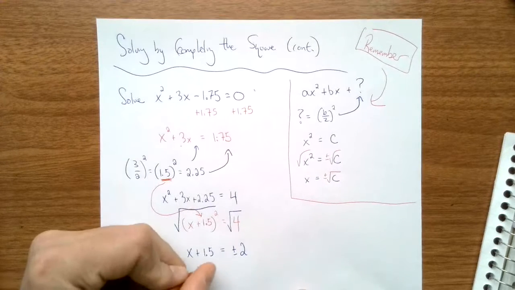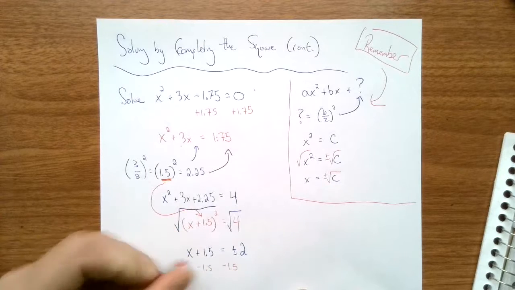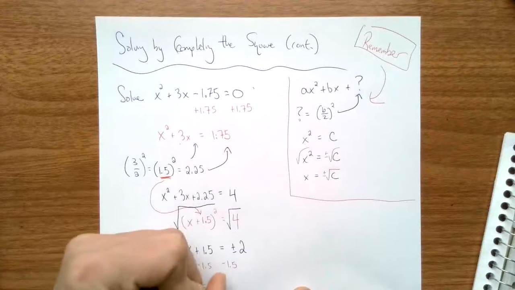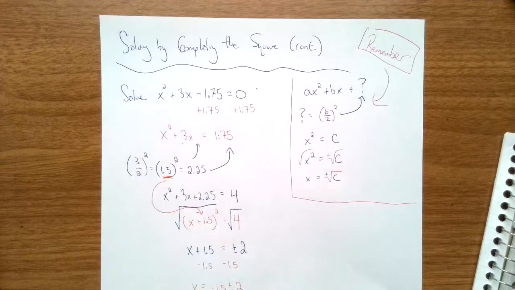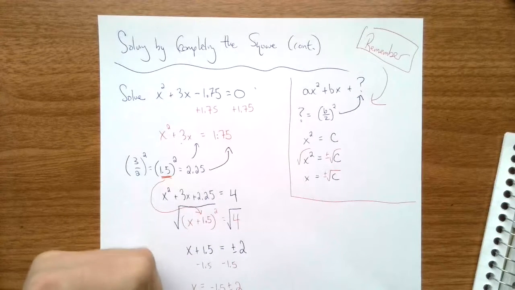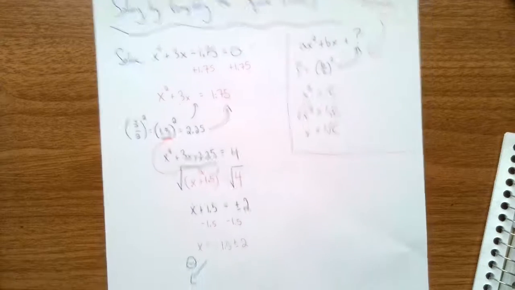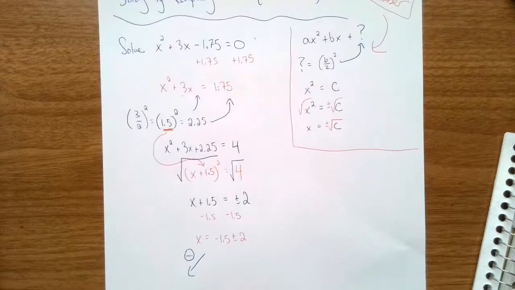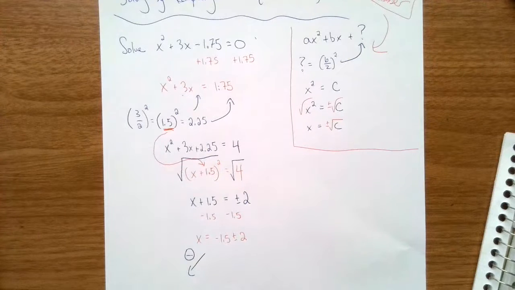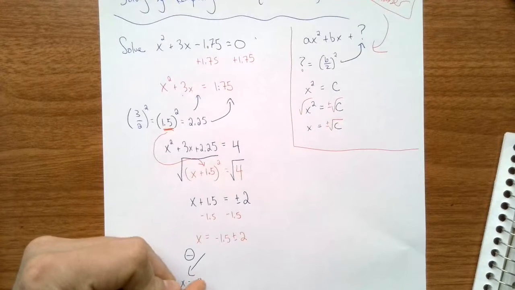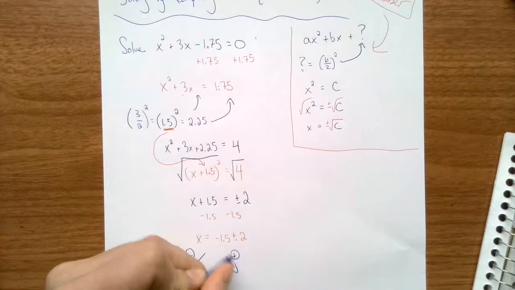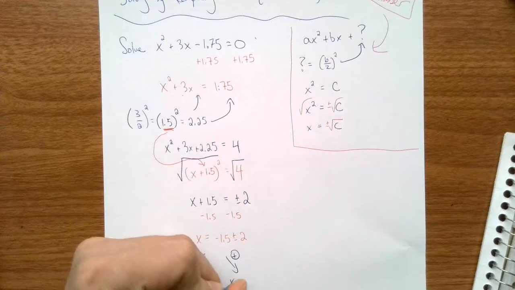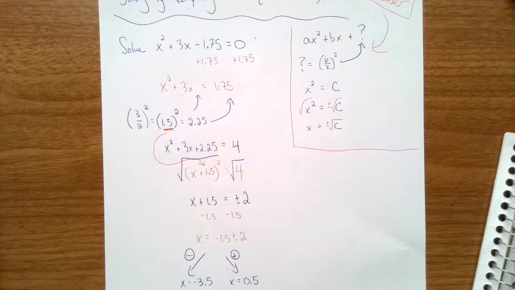We'll finish by solving for the variable, which gives us x is equal to negative 1.5 plus or minus 2. Negative 1.5 minus 2 is equal to negative 3.5, and negative 1.5 plus 2 is equal to 0.5.